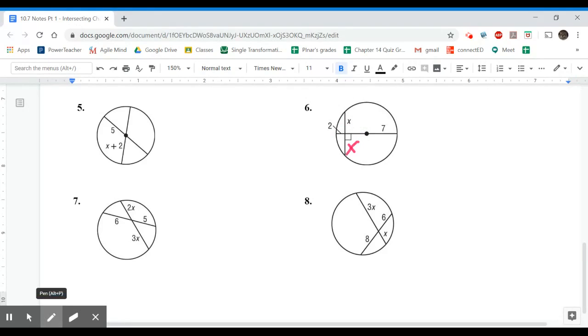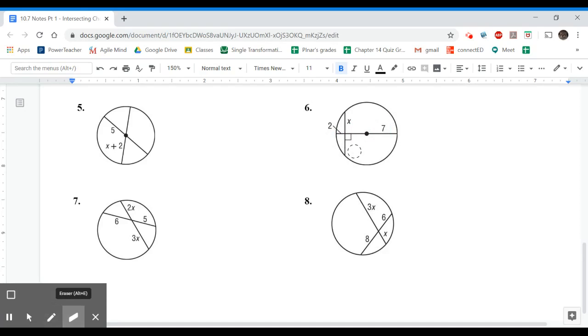The other thing is, I don't know how much this piece is right there, but I do know that the entire radius is 7. Since the radius is 7 and the little piece right here is 2, I know that the other piece of this is 5. So let me erase this and make this nice and neat.